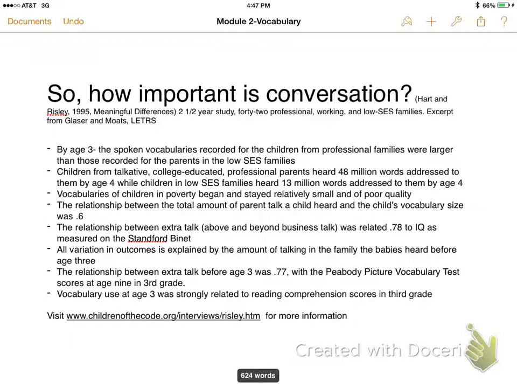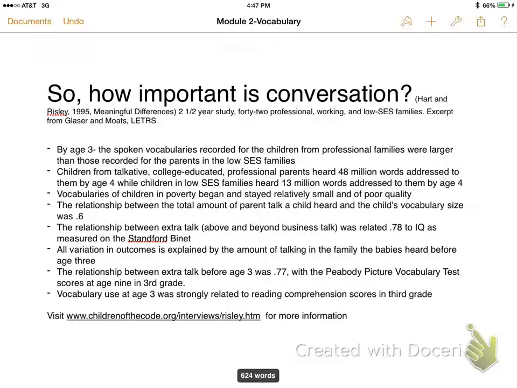But listen to this next one. The relationship between extra talk, above and beyond business talk. Now, what's business talk? Business talk is brush your teeth, go to your room, sit down, be quiet. That's business talk. So we're talking about extra talk above that, where there's conversation going on. How was your day? What do you think about that? Talk to me about what you believe to be true.